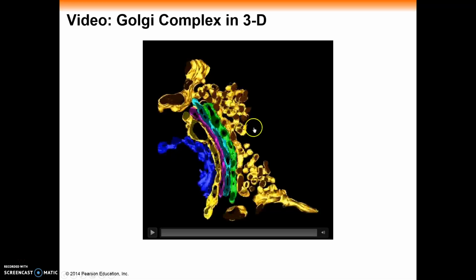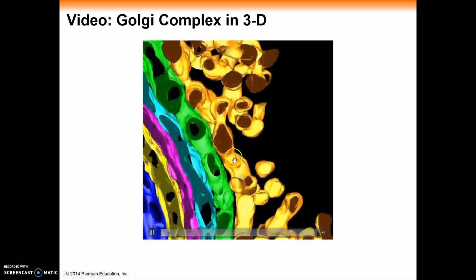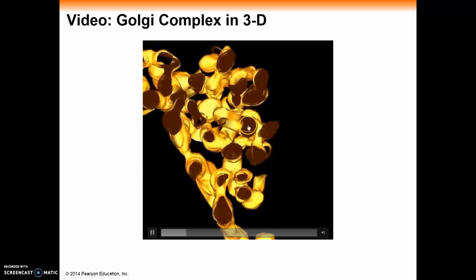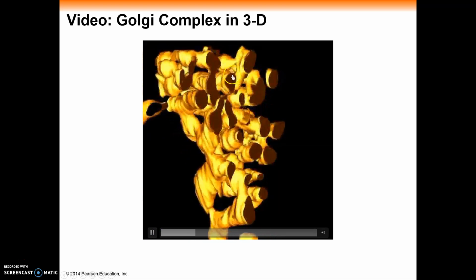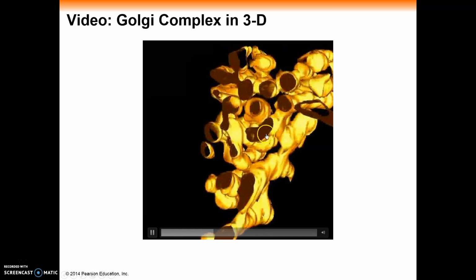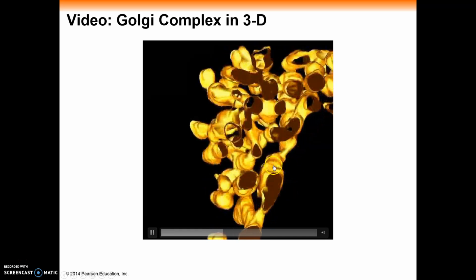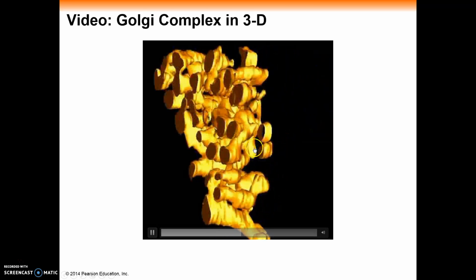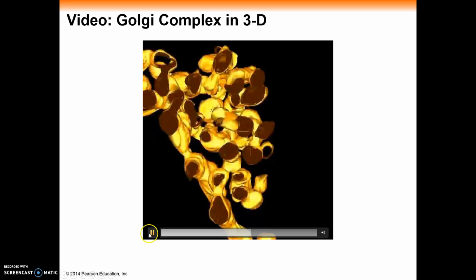Others have lots of channels running through it to produce all these subchambers. And as we start to rotate it around, you can kind of see how these chambers might be interconnected. But all the membrane that's marked in yellow might be interconnected with itself, but it is not connected to the green, or is not connected to the blue. Those encompass separate layers.